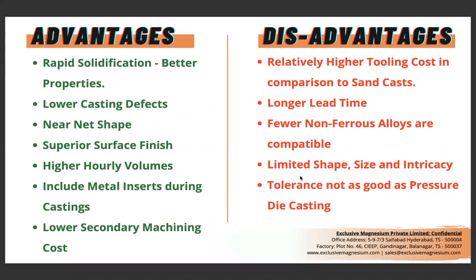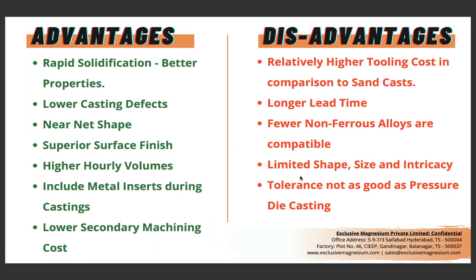And fewer non-ferrous alloys are compatible with this process. Like I mentioned, LM6 and LM9 are probably good alloys for this, while AZ91 and AZ80 are better for sand casting processes. Permanent mold is also limited in shape because of how the metal die is used.